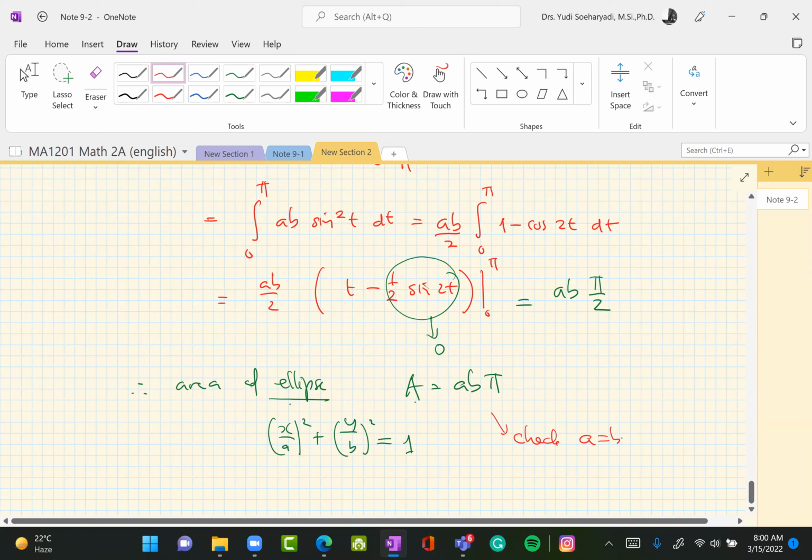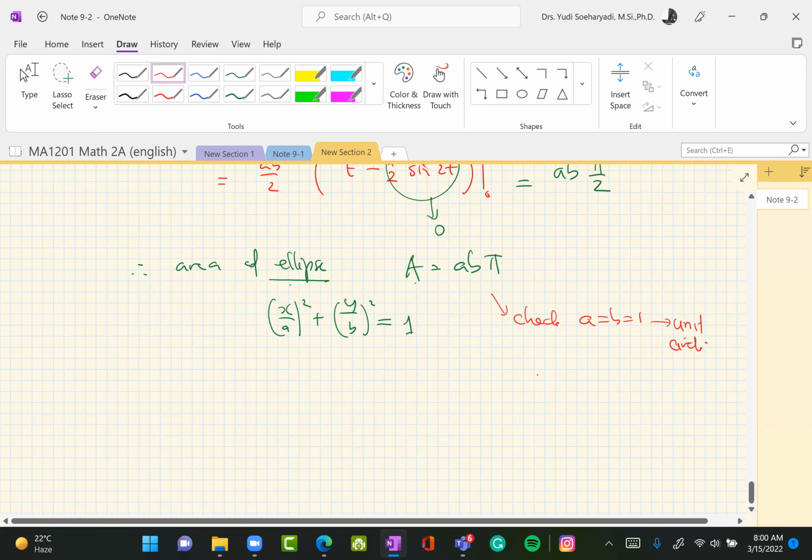With a equals b equals 1, you get the unit circle. According to this, its area will be pi, and that's pi r squared.